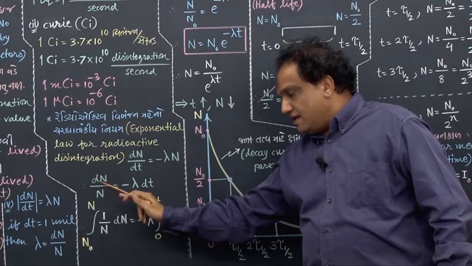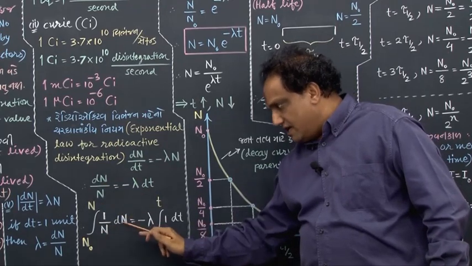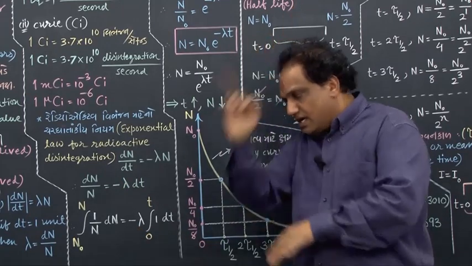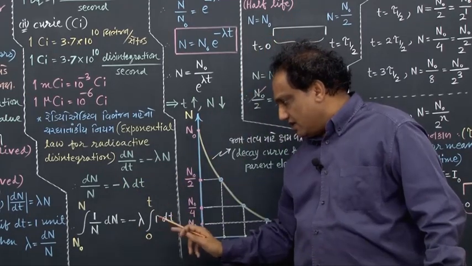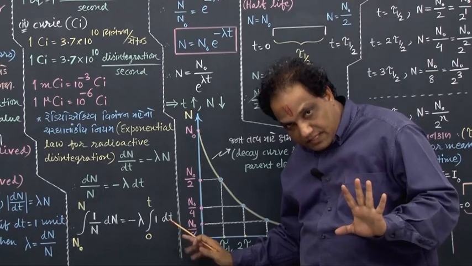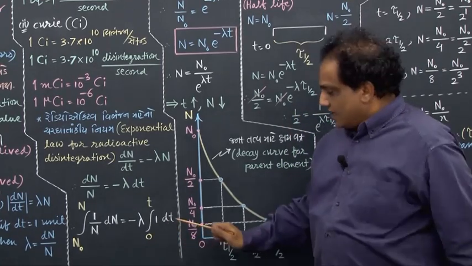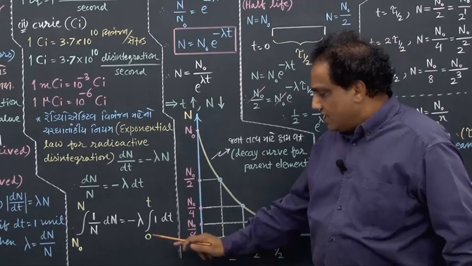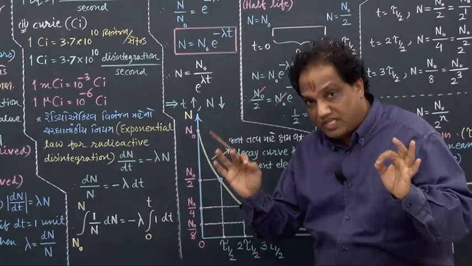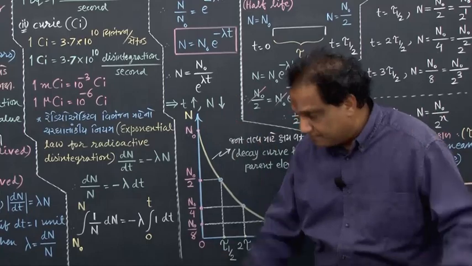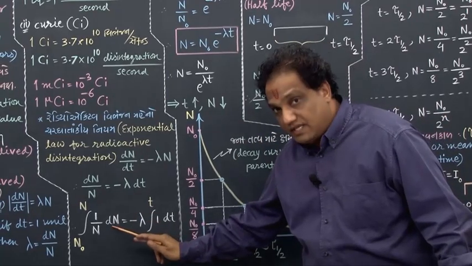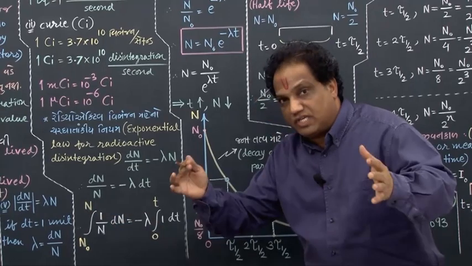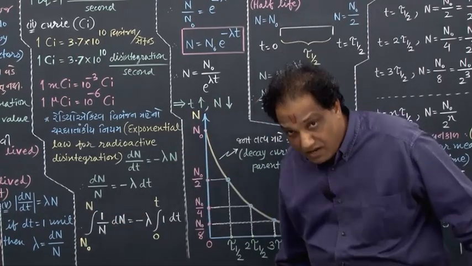Integration of 1 upon N dN equals minus lambda, which is constant, times integration of 1 dt. But remember, here the variable is in terms of time, so the limits must also be specified in terms of time. On the other side the variable is number, so the limits must be specified in terms of number.